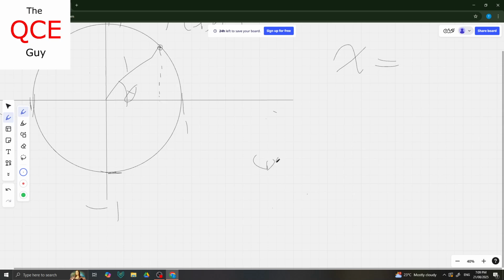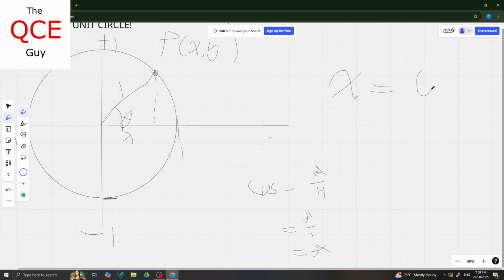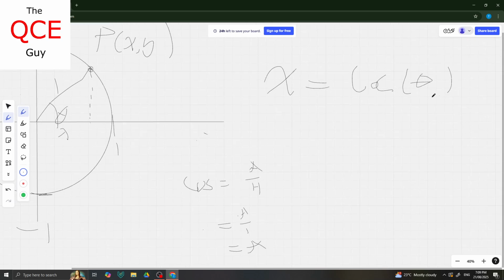Now cosine is equal to adjacent over hypotenuse, or in this case adjacent over 1, which would just be the adjacent. In this case, the adjacent of this angle theta would be here, so that is going to be our x. So x is equal to cosine of theta, cos theta.